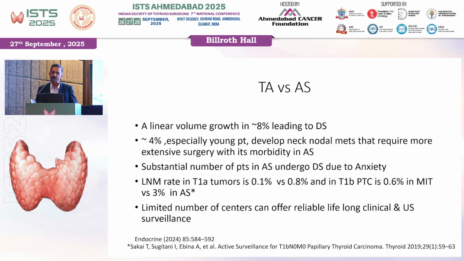A substantial number of patients in active surveillance undergo delayed surgery just because of psychological trauma. And LNM rate for T1A is okay, but for T1B there is a statistical difference between the two modalities, that is 0.6% and 3% in the active surveillance group.